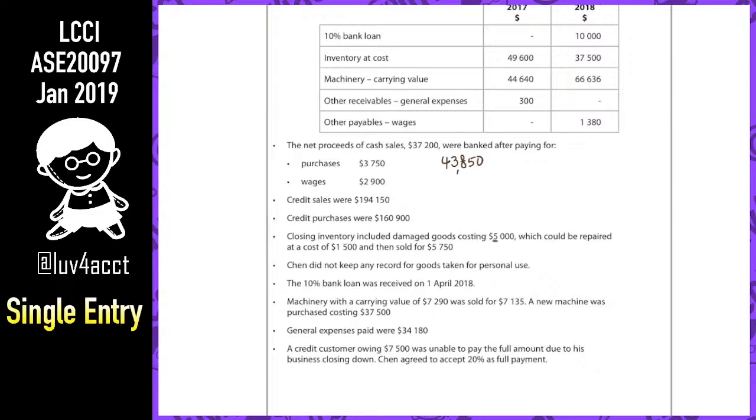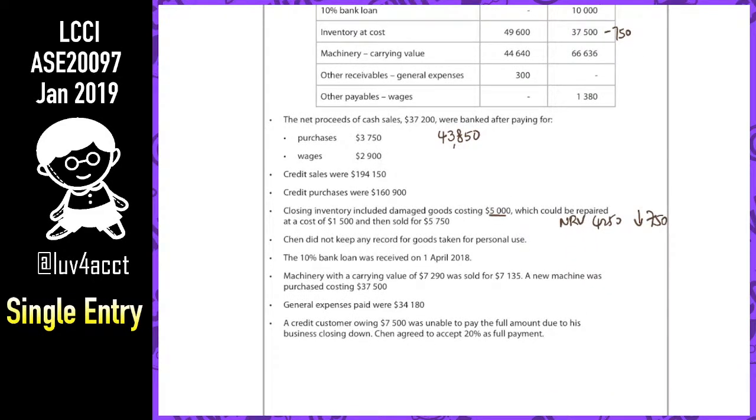So cost is 5,000 and our NRV is 5,750 minus 1,500, giving you NRV of 4,250. That is an impairment of 750. So minus 750 here.